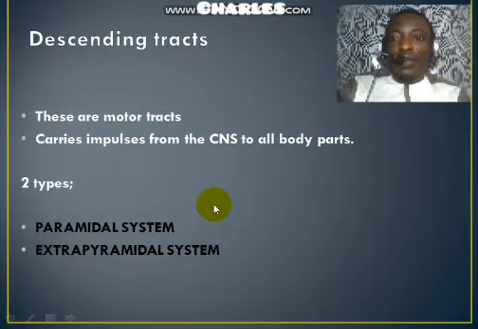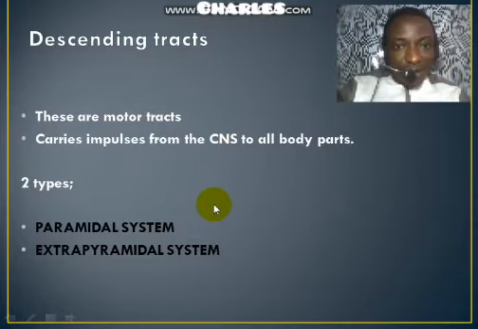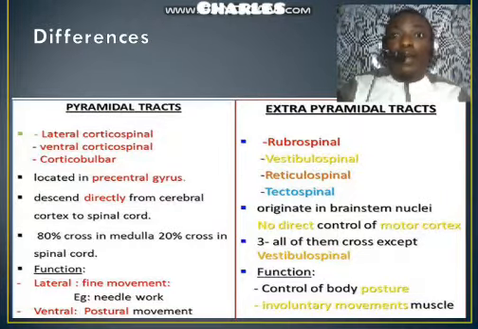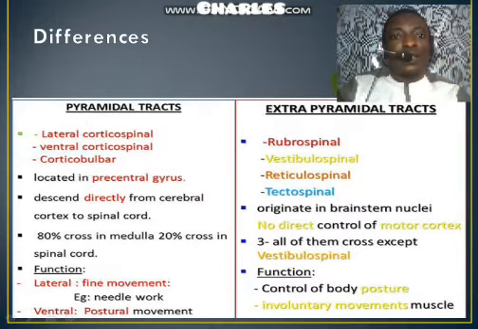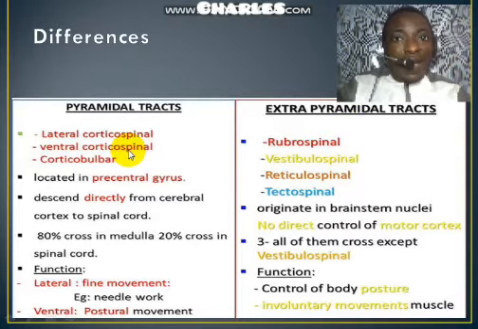Alright, going forward, there are two types of descending tract. The first one is the pyramidal tract and the second is the extrapyramidal tract. Okay, good. The physiological differences. This column represents the pyramidal tract, while this one represents what? The extrapyramidal tract. So there are three main types of pyramidal tracts. The first one is the lateral corticospinal tract.